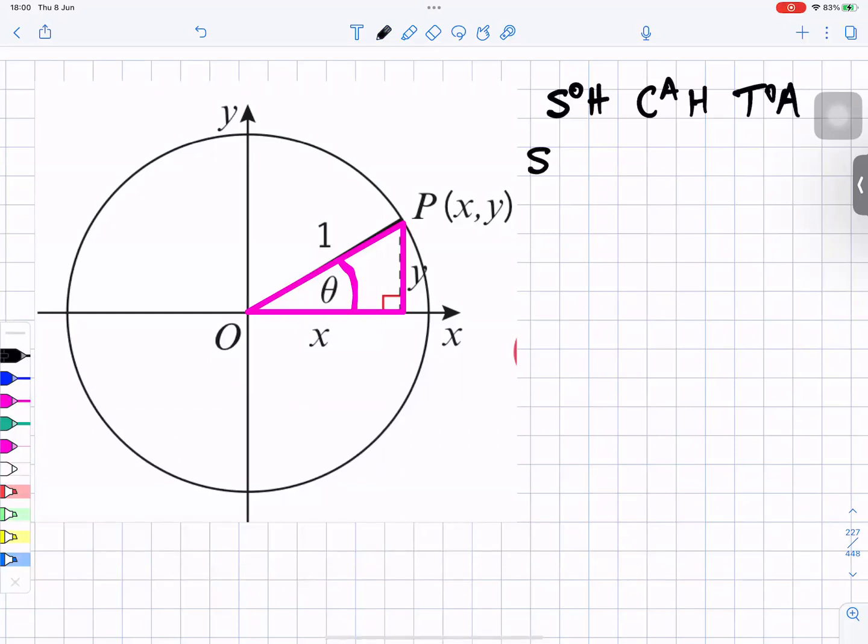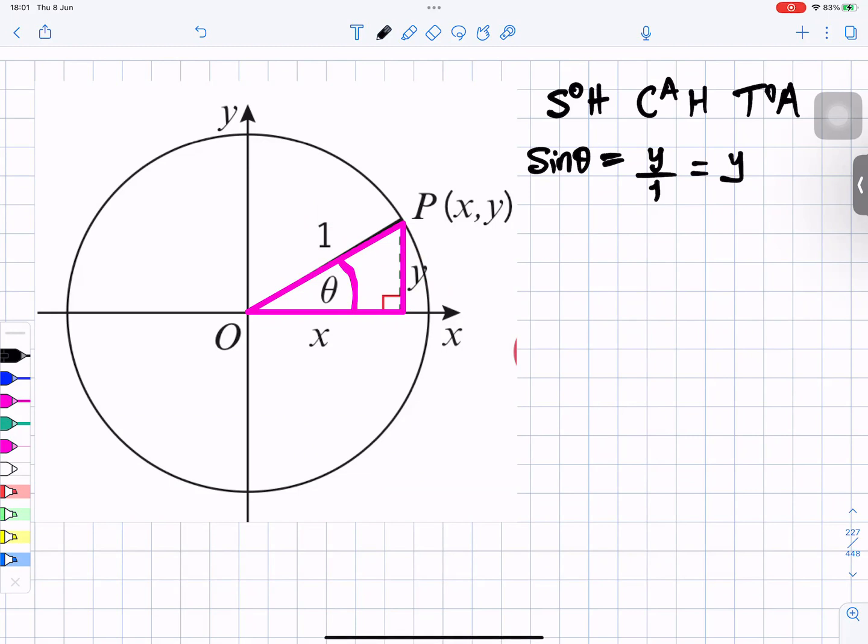What would sine theta be? Opposite over hypotenuse. The opposite is y. The hypotenuse is 1. You happy with that? Yeah. So that would be y over 1, which is just saying y. So sine theta is y.